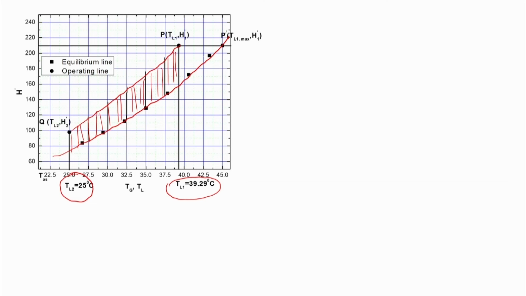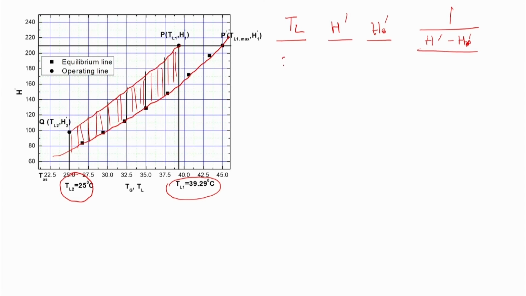Now, the equation for the area under the curve: suppose we take one TL, for that we get one enthalpy and one equilibrium enthalpy. For this area, we get 1 by H minus H star, because all the time H star will be lower than the actual enthalpy value.